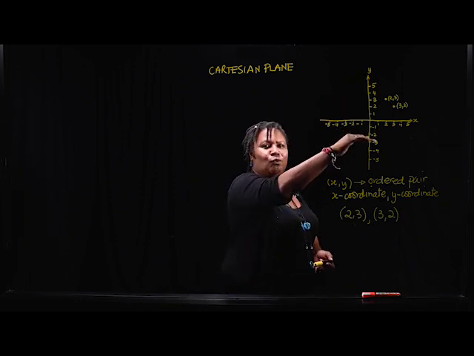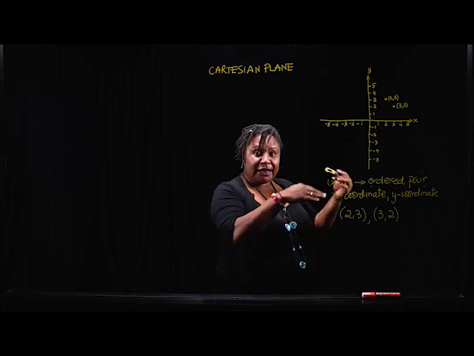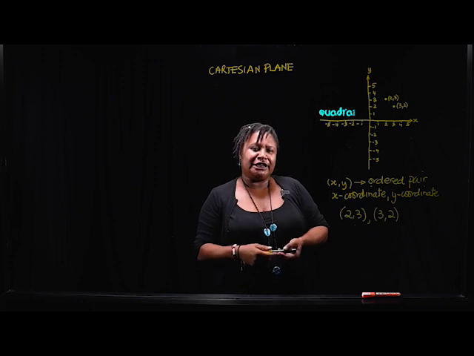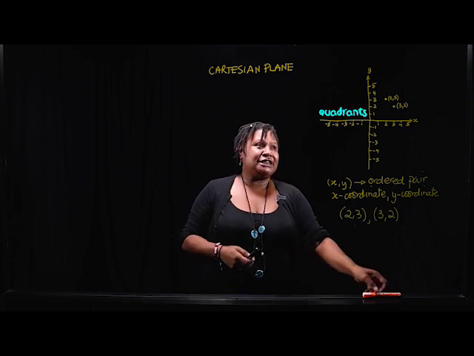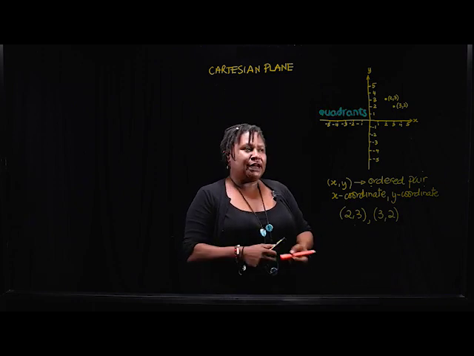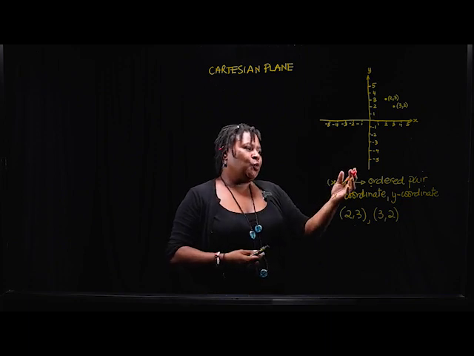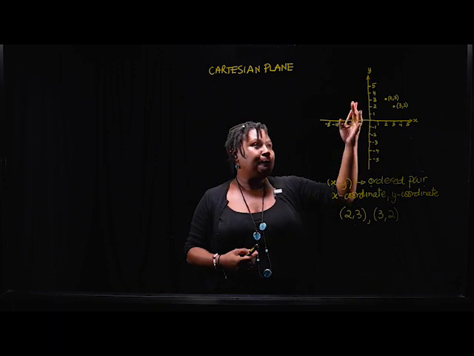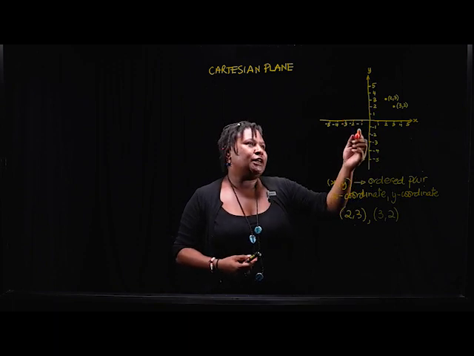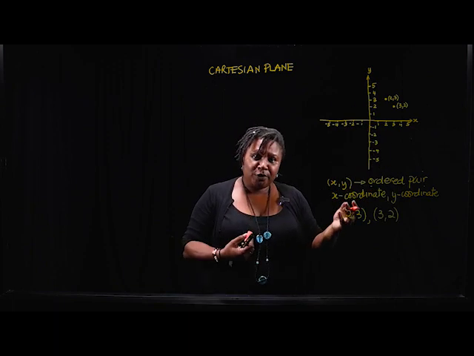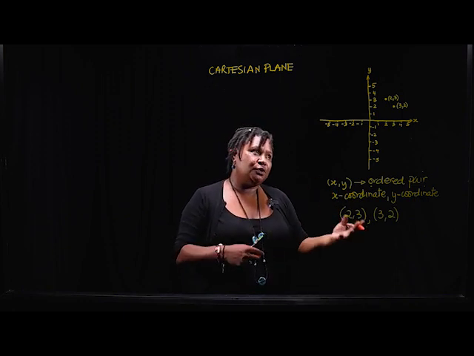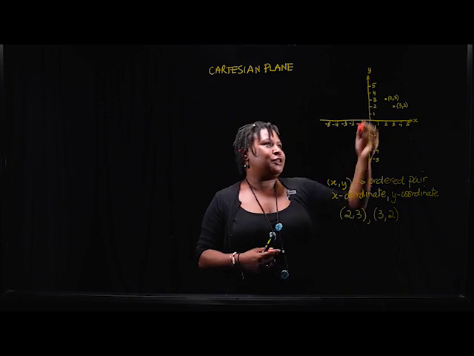Because your x and y axes are intersecting at right angles, they form what are called quadrants. A quadrant is a quarter. We identify the quadrants in an anti-clockwise direction, not with the counting numbers that we know; we usually use the Roman numerals.